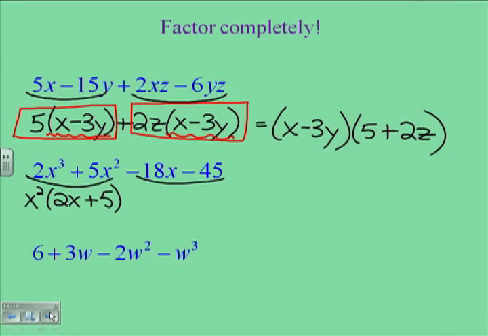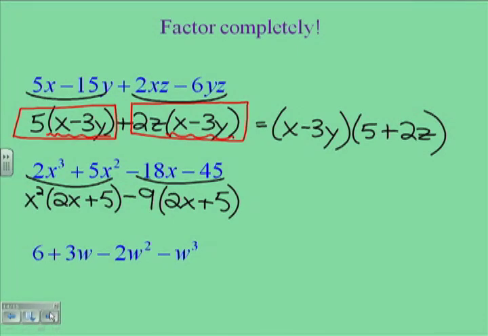Now you look at these 2 guys and you say, well, what can I factor out? 9 is the biggest number. But then if you factor 9 out, you might realize that you're left with 2 negatives inside, and so it doesn't take too long to realize, oh, factor out a negative 9. Because if I factor a negative 9, I'm left with 2x plus 5.